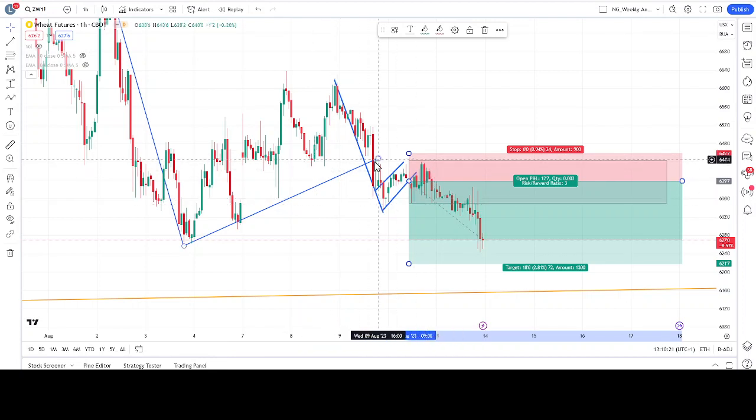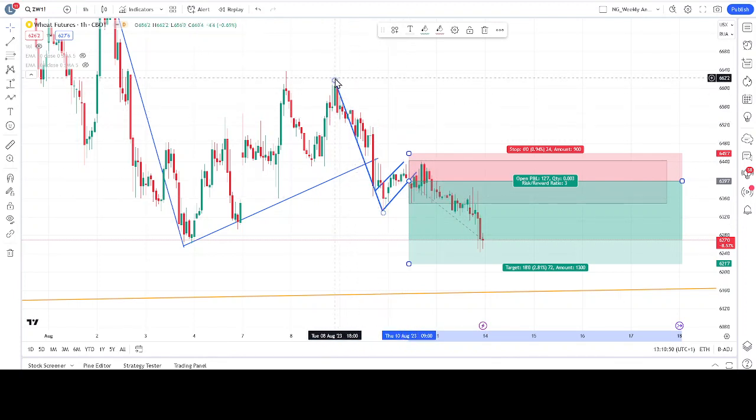So we discussed the confluences: the double top, the break in the trend, and the flag. That's why I have put in a trade of 1:3 here, and that is how my trade setup is for this particular chart of wheat.